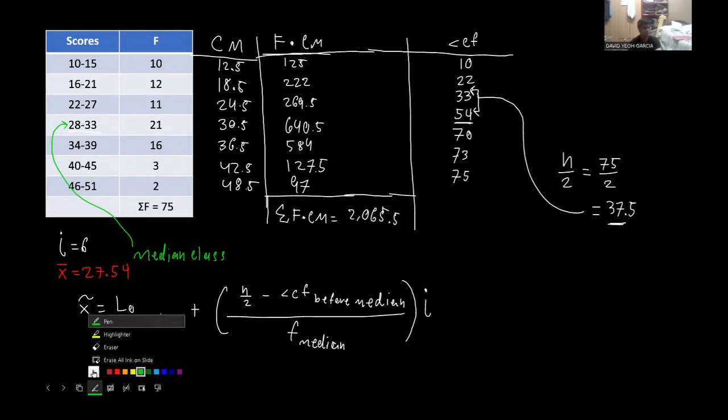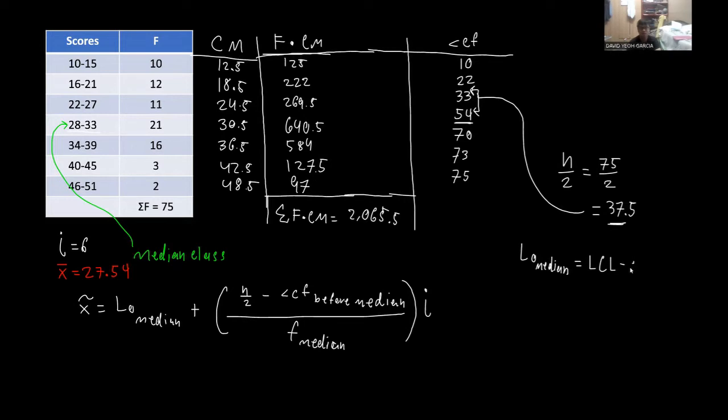So now that we know our median class, let's find the lower boundary of the median class. How do we get the lower boundary of the median class? Just get its lower class limit and subtract 0.5. The lower class limit of the median class is 28.